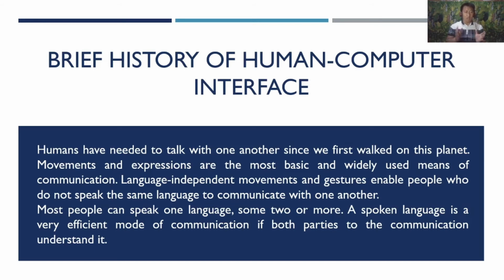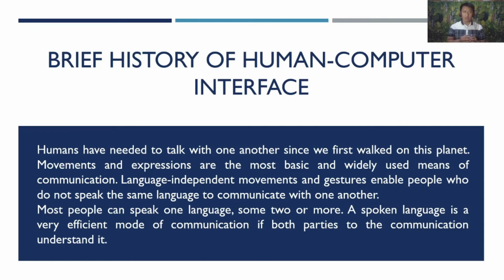Alright. Movements and expressions are the most basic and widely used means of communication. This is the first thing humans had before. So they used movements and expressions, or gestures, just to communicate to each other.